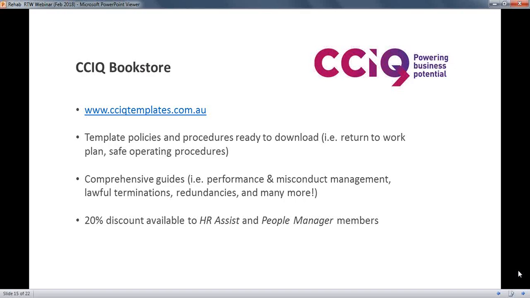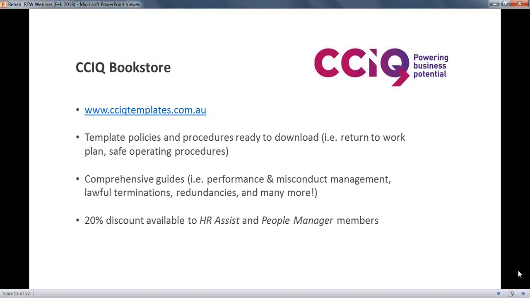And also we've got comprehensive guides covering topics such as how to conduct lawful terminations and how to manage redundancies, performance management, and safety management. I'd advise you to jump on the website when you have a moment and have a look at what's available there.